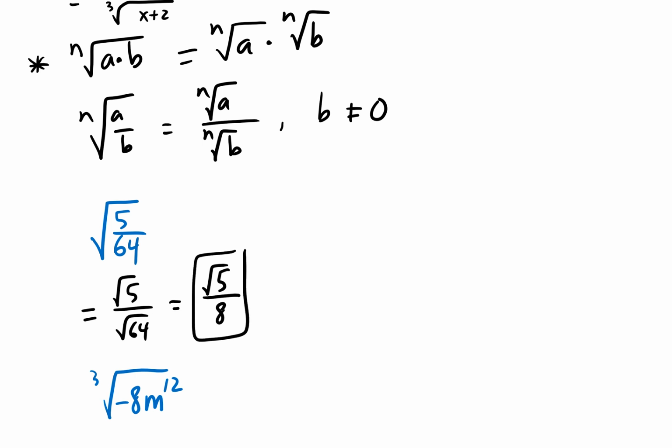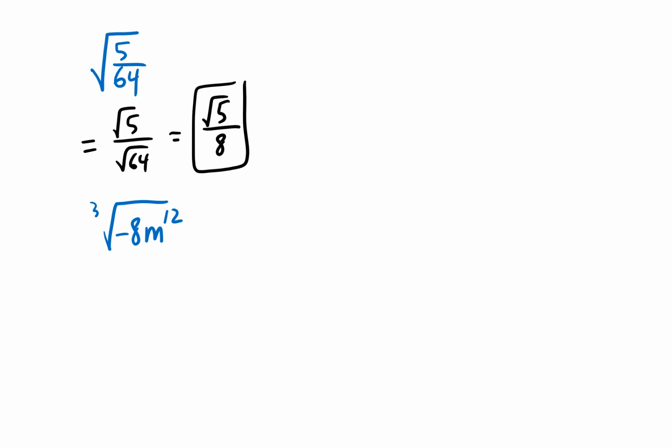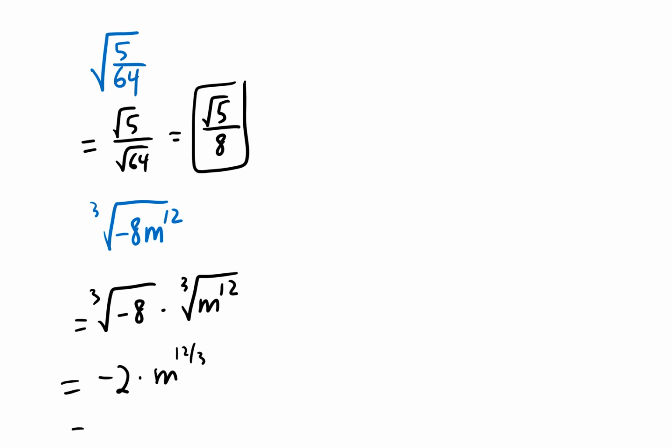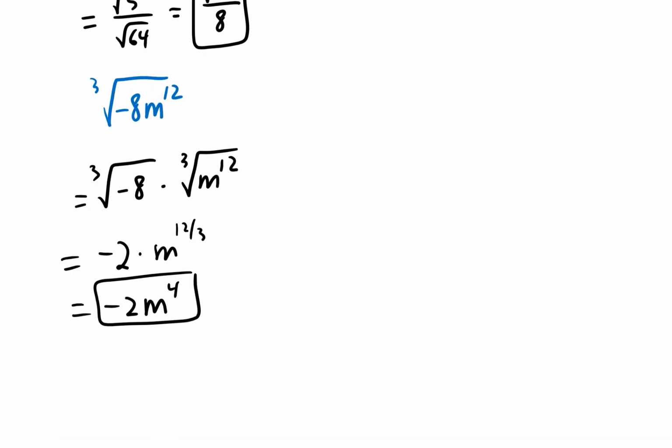Done. For the next one, we do the cubic root of the first one times the cubic root of the second one. For this one, we know it's negative 2. For m, you can put the 12 out, or you can do 12 over 3. So that would give negative 2m to the fourth.